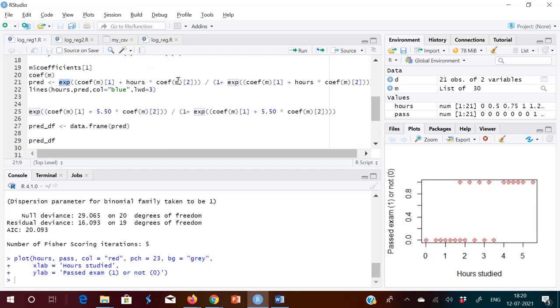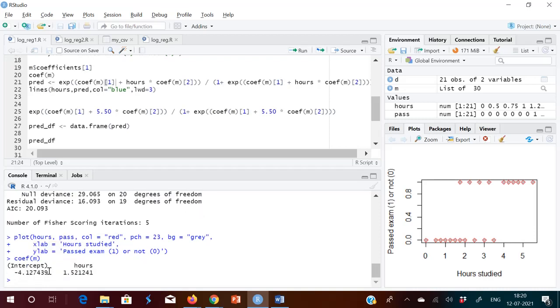Here this is the intercept. You can just type coefficient of m, the first one, that is the intercept, plus hours into the second coefficient. So e raised to y by 1 plus e raised to y.